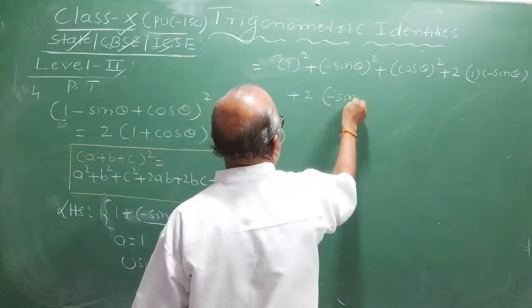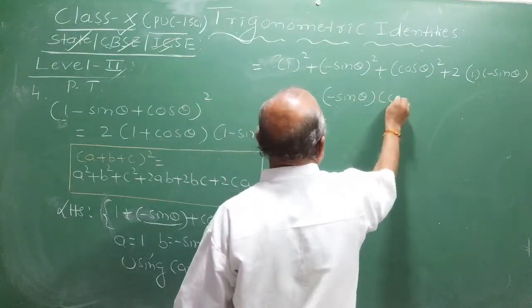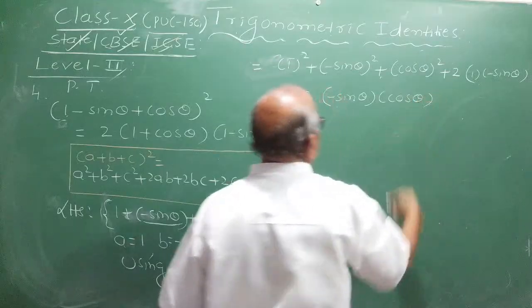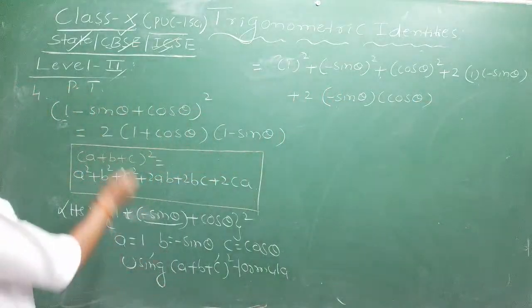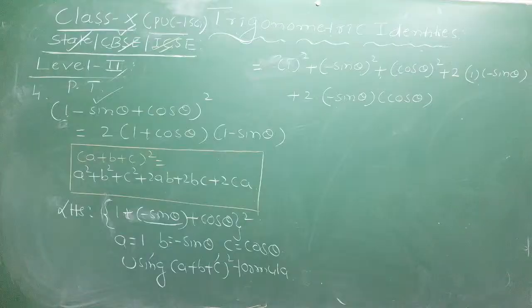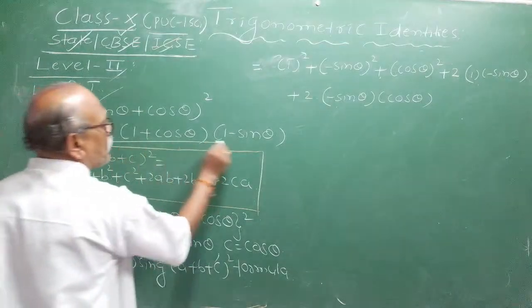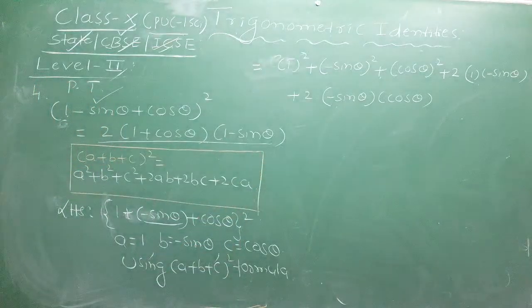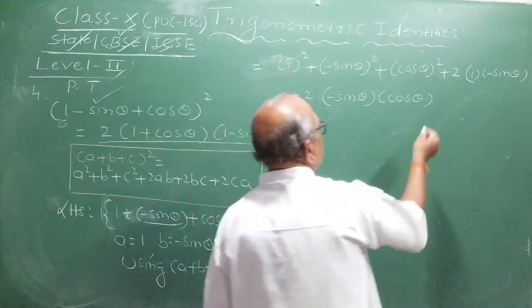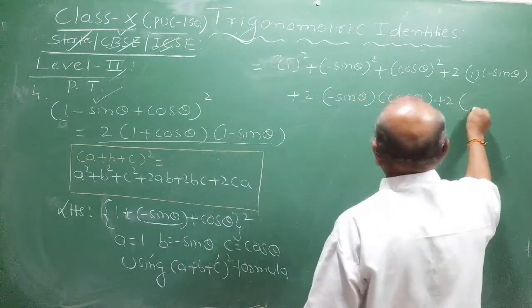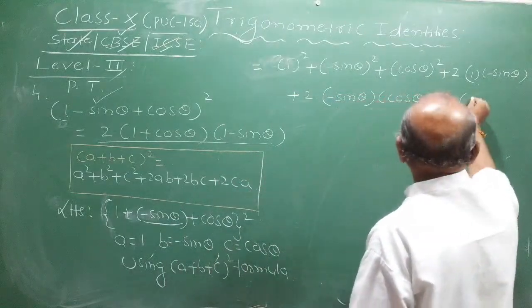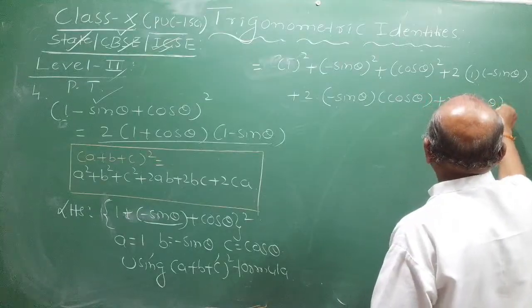Minus sine theta into cos theta. Be careful about the sign. These are very tricky questions. If you make a silly mistake, you will not get the RHS. Then plus 2CA, 2 times what is C, cos theta, and A is 1.